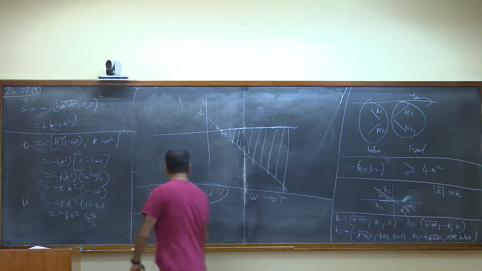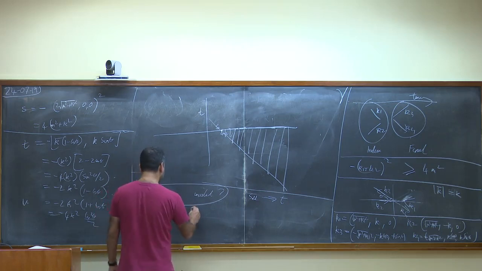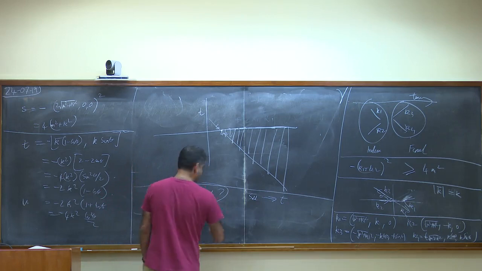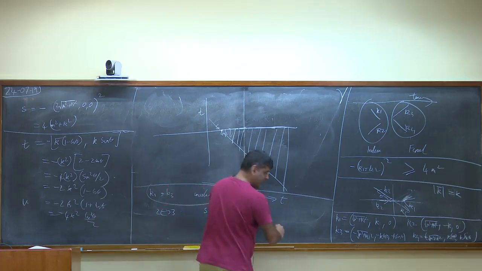So now the initial states are k1, k3. So 2 goes to 3. What was S, which was old k1 plus k2 the whole thing squared, went to T, which is k1 plus k3 the whole thing squared.